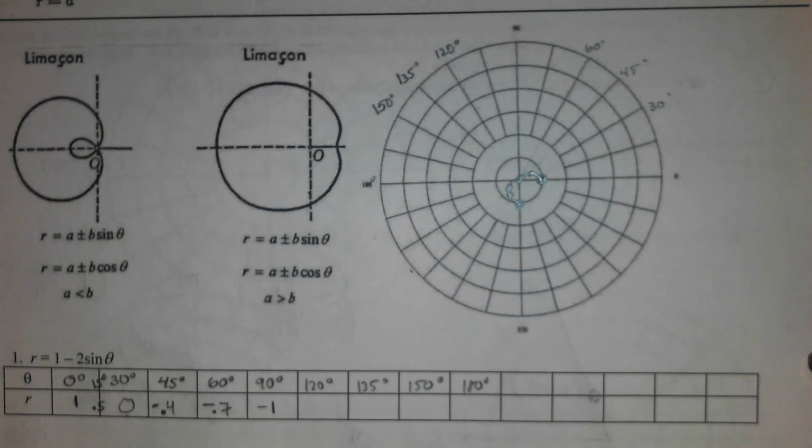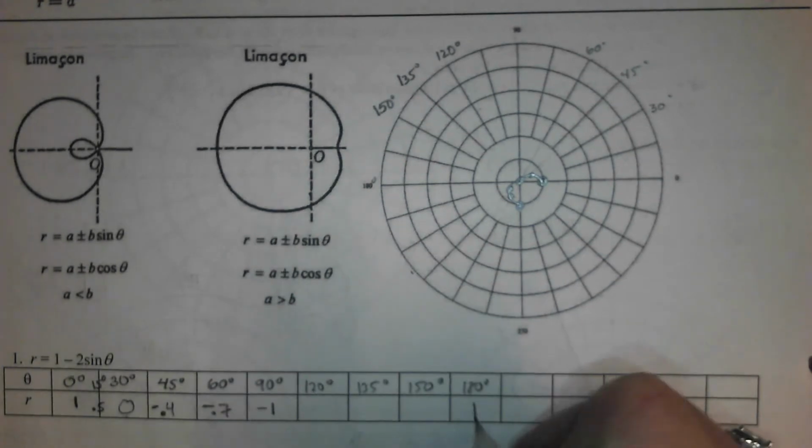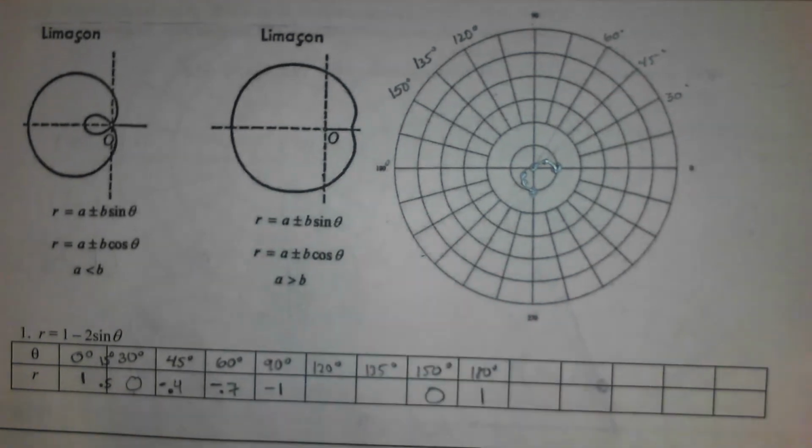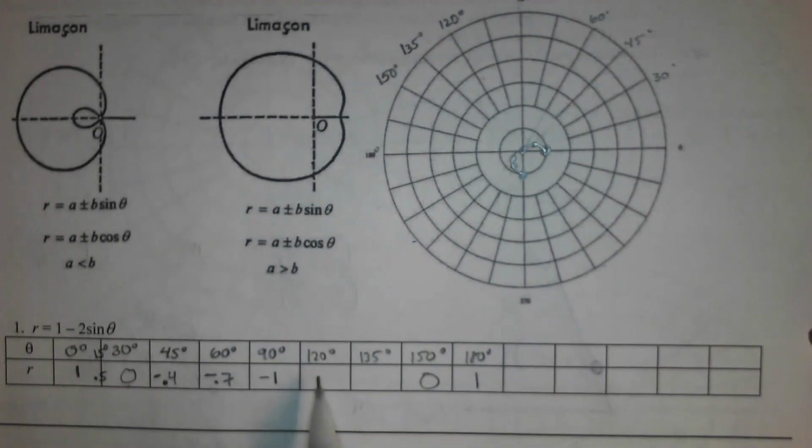I'll start with the 180. You guys start with the 120, and we'll do half the work. 120 gets paired with what? Negative or positive?